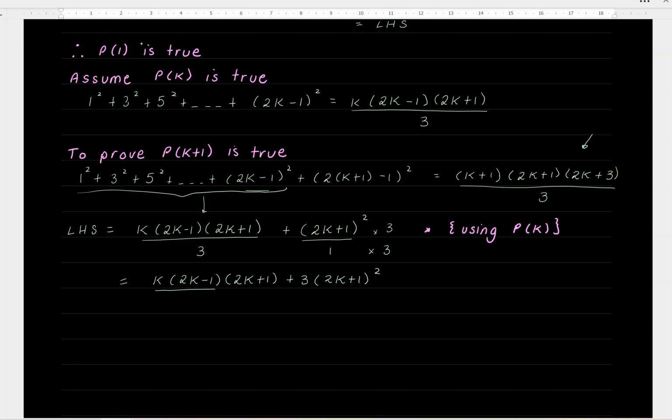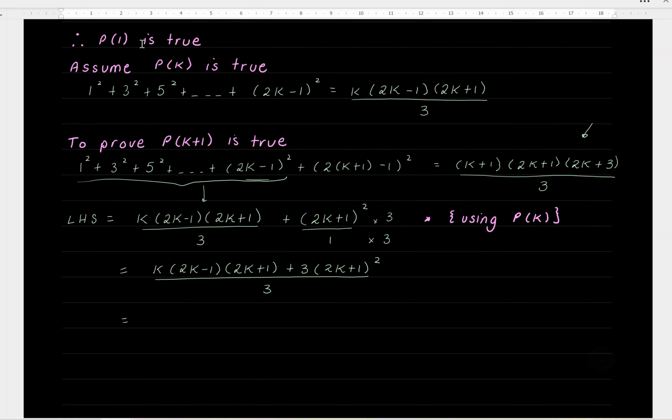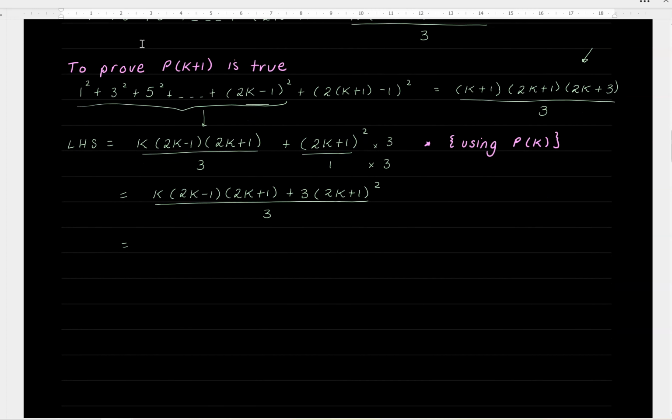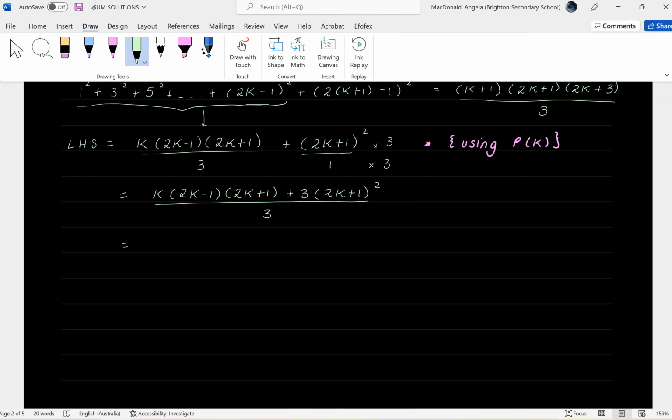And now it's all over 3. One thing that makes it look like the right-hand side. Always check when you're trying to make something look like the right-hand side. As we said, look to see, are there any common factors?